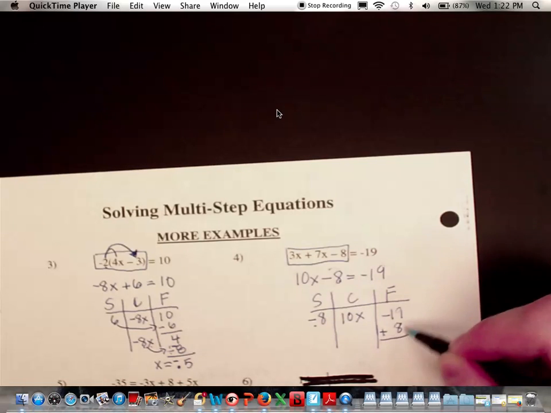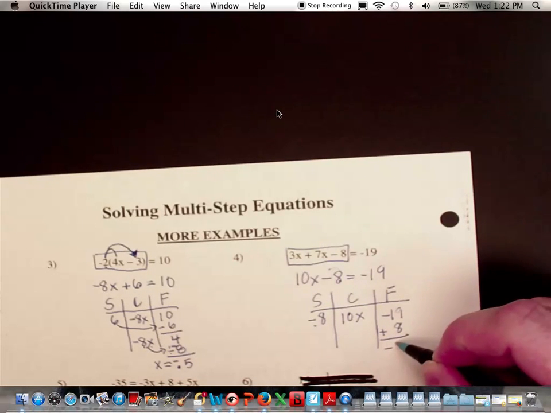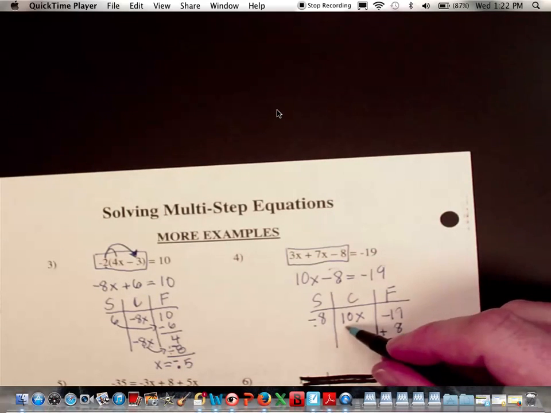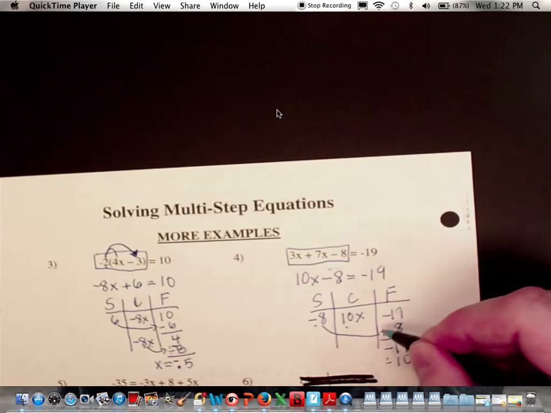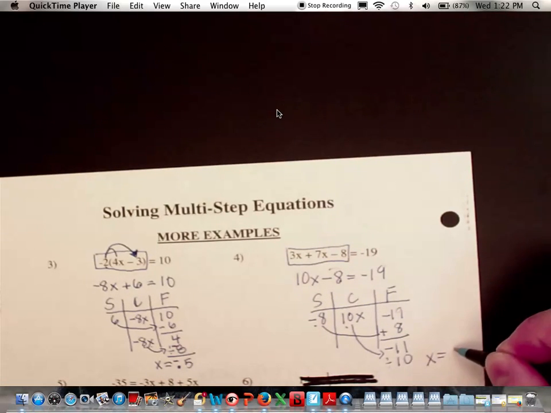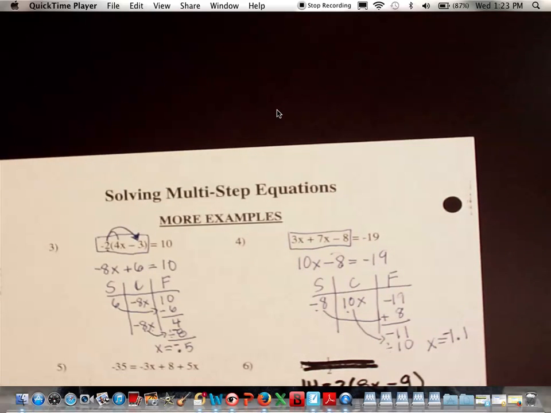Negative 19 plus 8 will give me negative 11. And I'm going to divide now by the 10, and I'm going to leave it as negative 1.1. Okay? My answer will be negative 1.1.